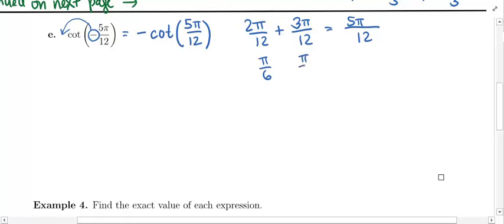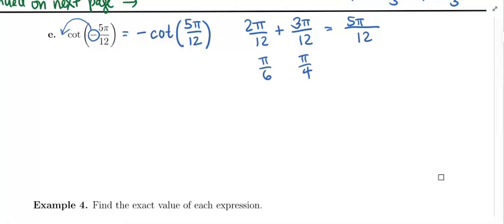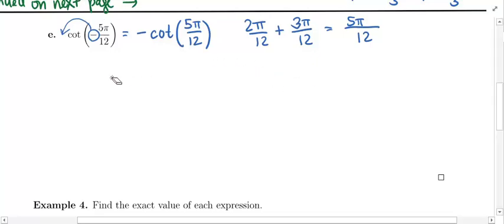That's also on the unit circle. We are good to go. So we're going to use these two angles. I'm going to rewrite this as the negative cotangent of pi over 6 plus pi over 4. Those are my two angles.